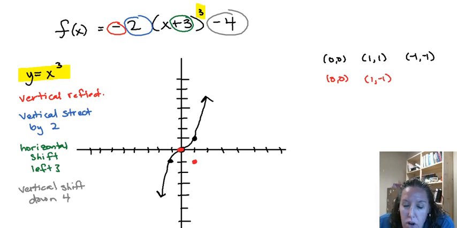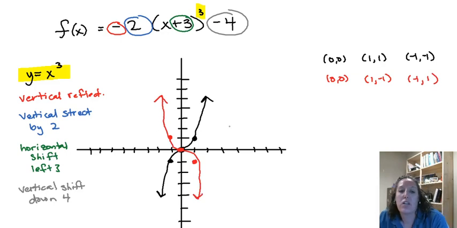Our last point will flip across the x-axis as well and move to (-1, 1). We get that same picture reflected across the x-axis.